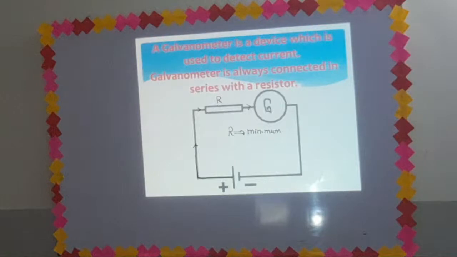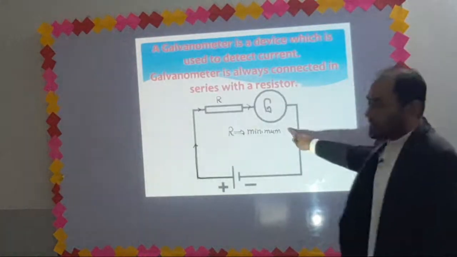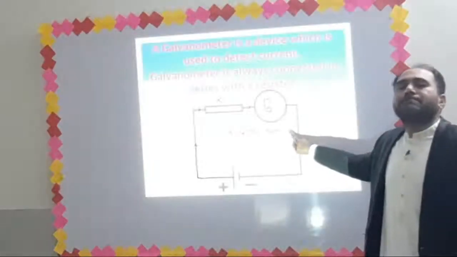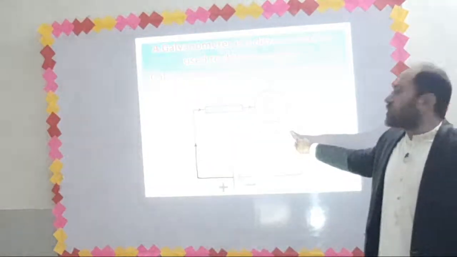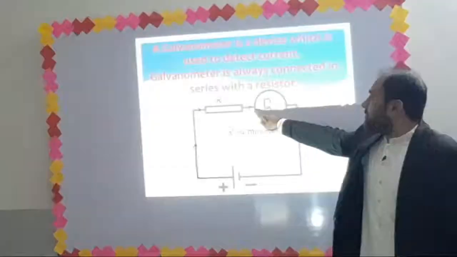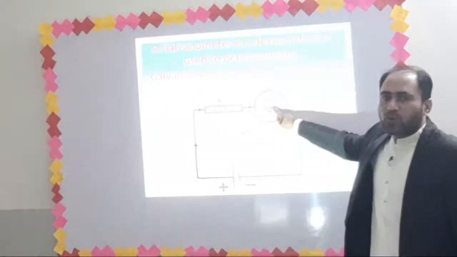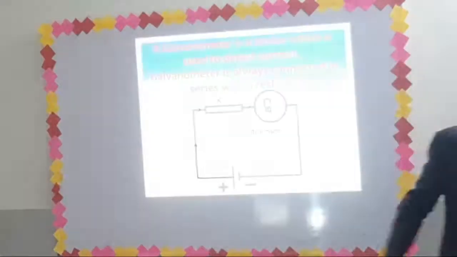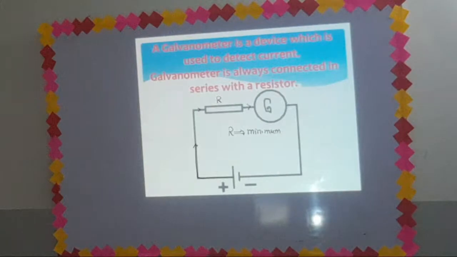Galvanometer must have minimum resistance, must have negligible resistance, negligible opposition in the path of current for detecting the current. I think I have cleared the topic galvanometer.